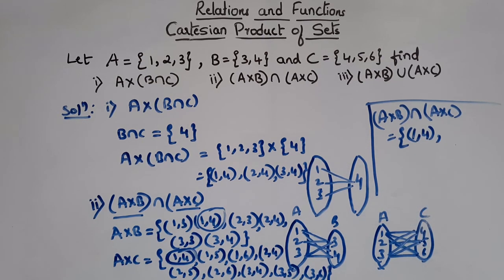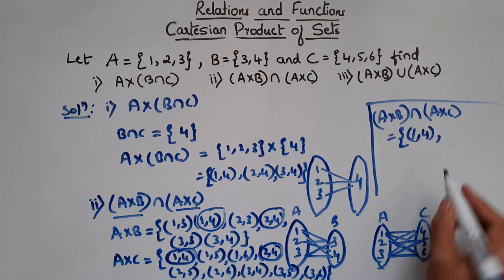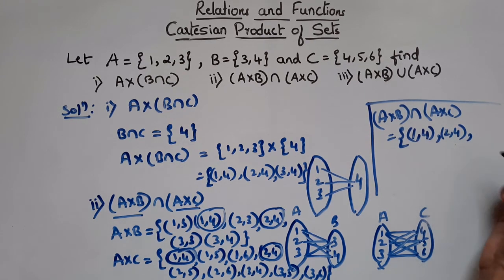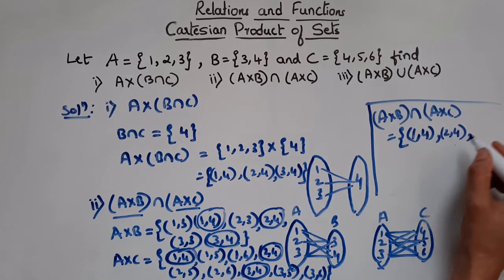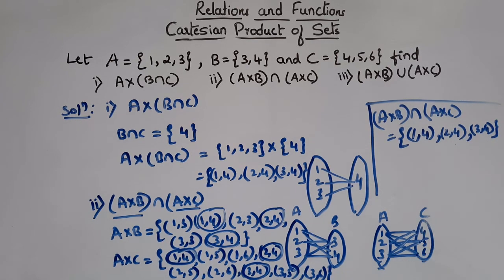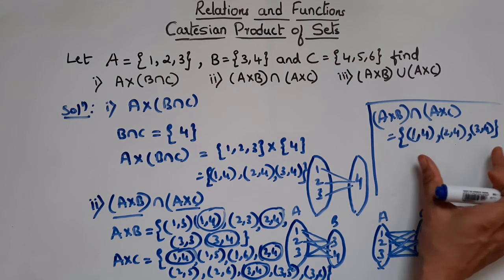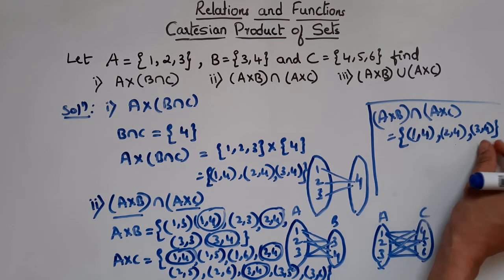And next what is common? 2, 4, here we have 2, 4, so 2, 4 is common. And next we have 3, 4, and here we have 3, 4. No other elements, right? So therefore in A cross B intersection A cross C we have 1, 4, 2, 4 and 3, 4.